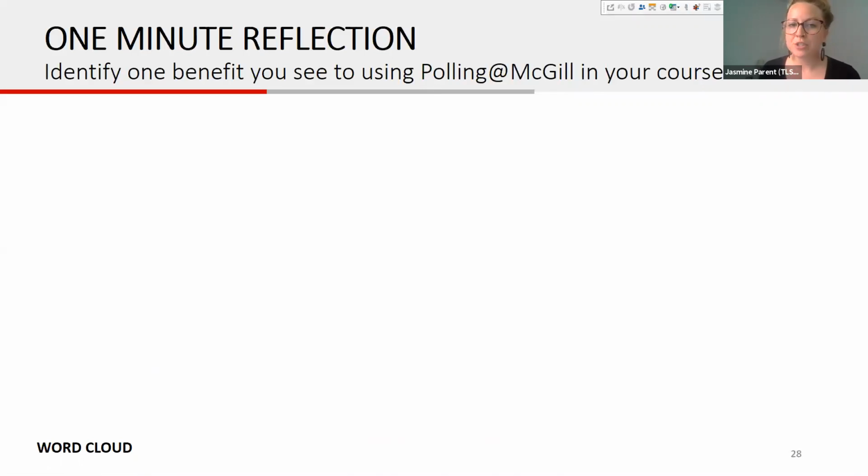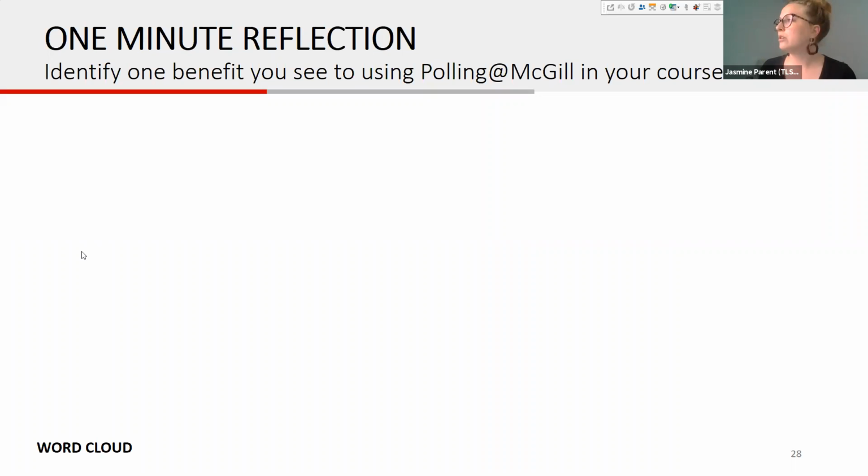This type of question is called a word cloud, which you will see the results for in a moment. A word cloud is going to take the most commonly answered words and make a sort of collage, with the more frequently answered words appearing bigger and more central. So I'll give you a few seconds. You don't have to write full sentences.